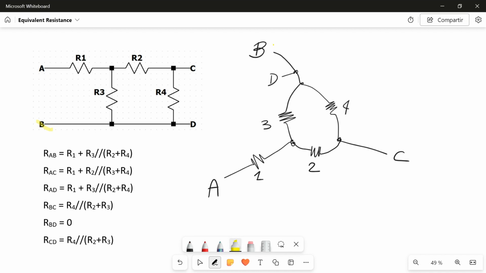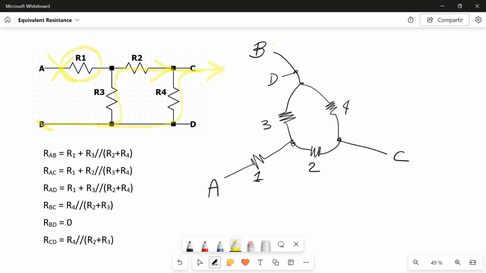The same with currents. From B, the current goes this way, but also this way, and comes to C. Now no current is flowing into R1 because it's an open circuit. The A terminal is just open. No current can flow here, I'm not going to A. So R1 actually doesn't contribute to my equivalent resistance.